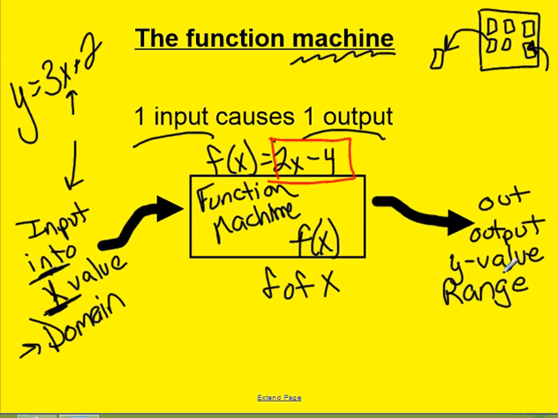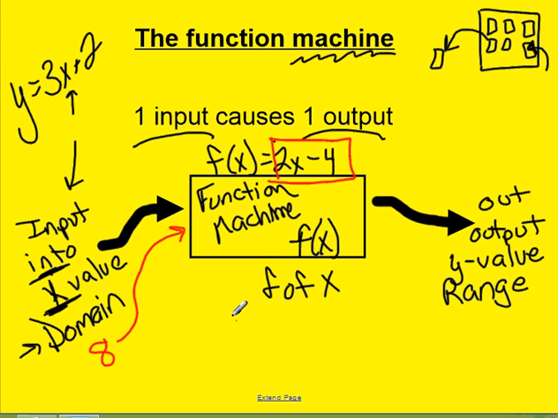Then something comes out. So looking at this function that we have, f of x equals 2x minus 4, let's say I put the number 8 into my machine. Okay, that's my input, it's my x value, it's my domain. I put 8 into the machine.